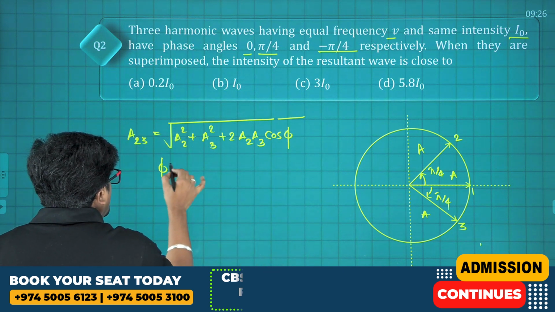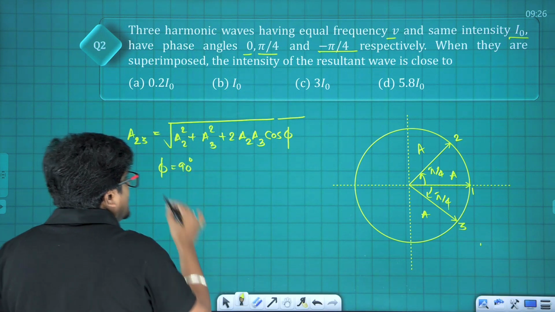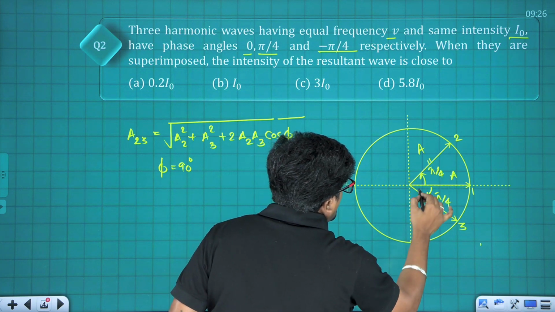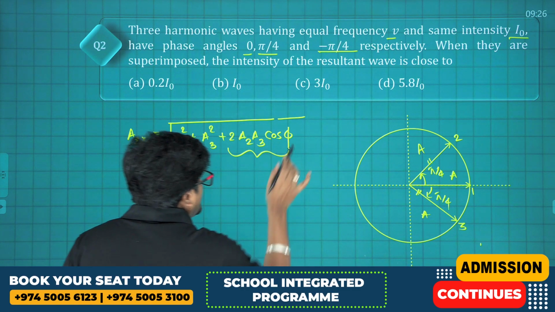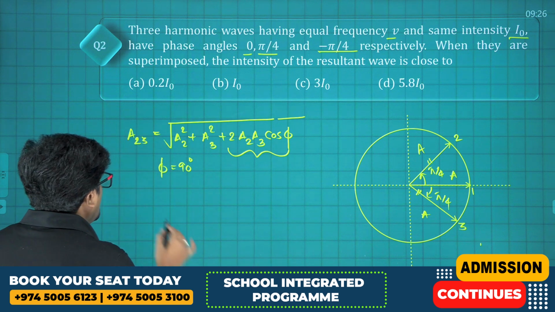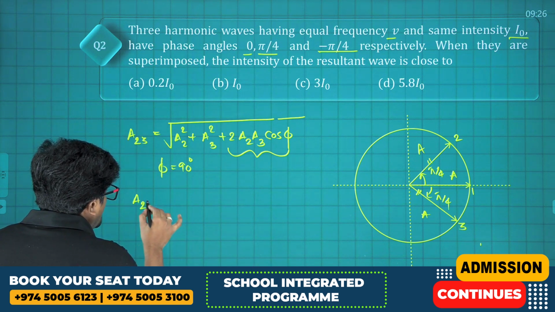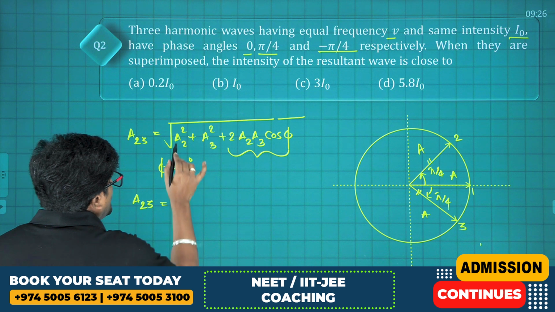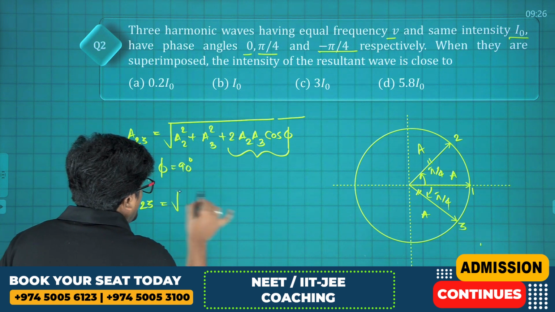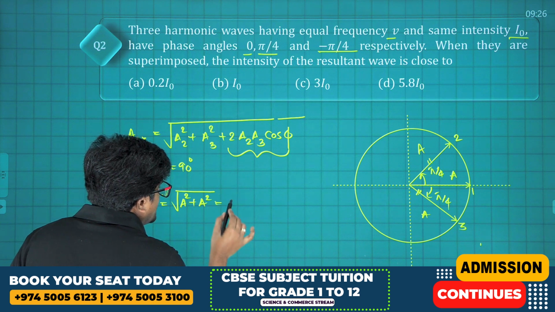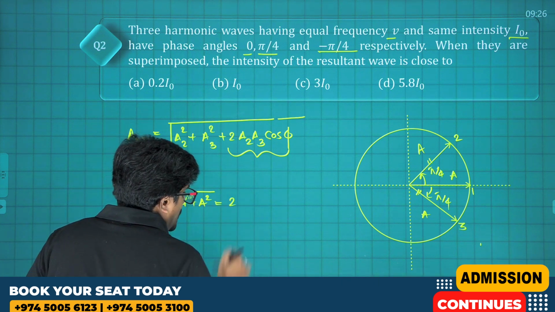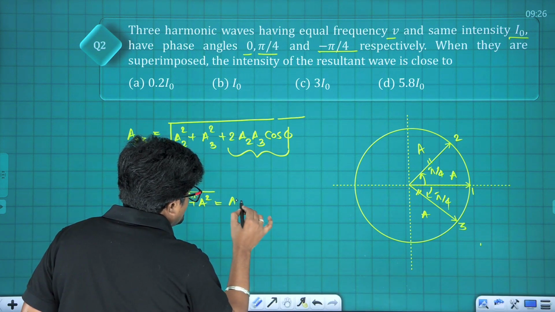Here phi is 90 degrees between these two, so this part is going to be 0. The resultant A23 is root of A square plus A square, that's A root 2.